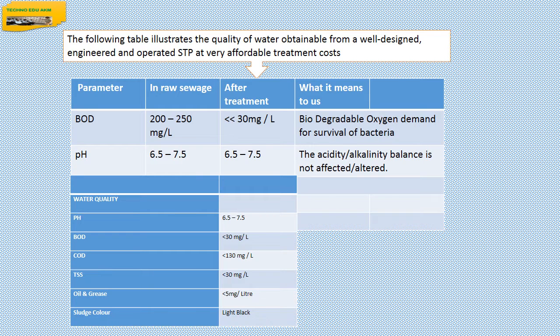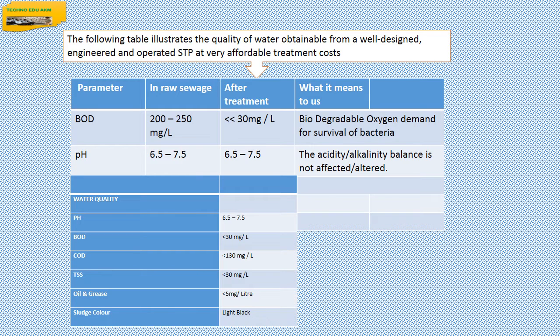Similarly, the pH value in raw sewage must be between 6.5 and 7.5. After treatment, it is also 6.5 to 7.5. It means the acidity-alkalinity balance is not altered if you maintain this parameter.